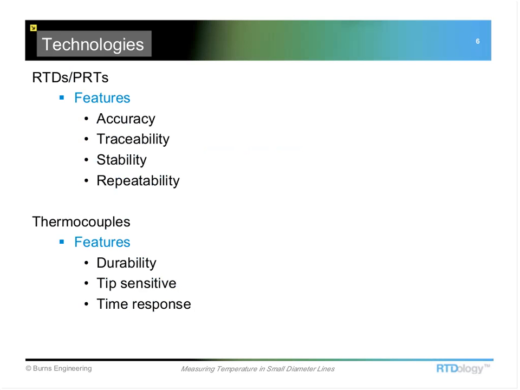Thermocouples, on the other hand, can be extremely durable, with a really fast response time, and are very tip sensitive. So if you're trying to measure a surface, for example, a thermocouple may be a better choice. You are giving up a little bit of accuracy, but because it's more tip sensitive, it may actually end up being a more accurate technology to use.